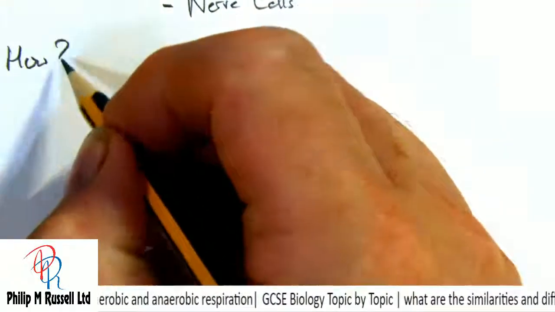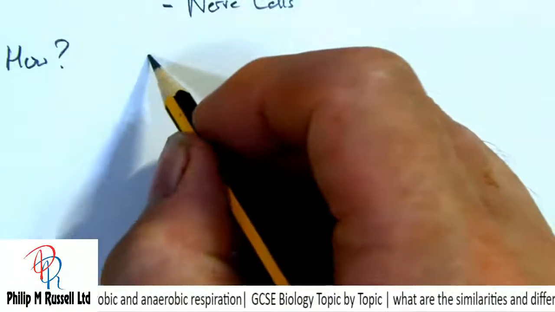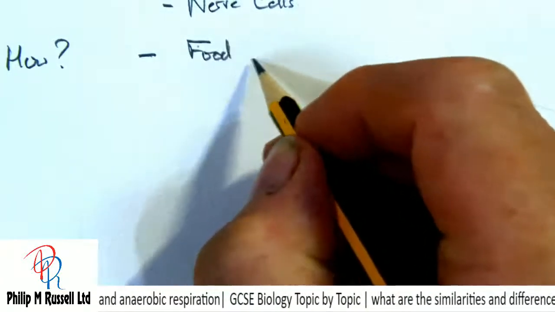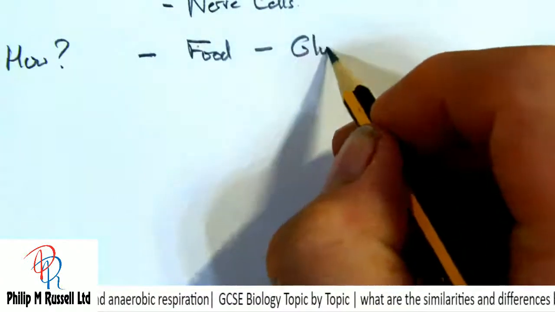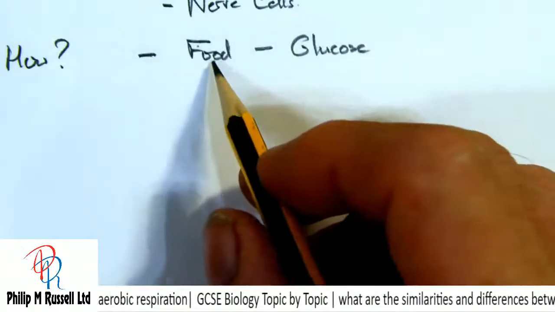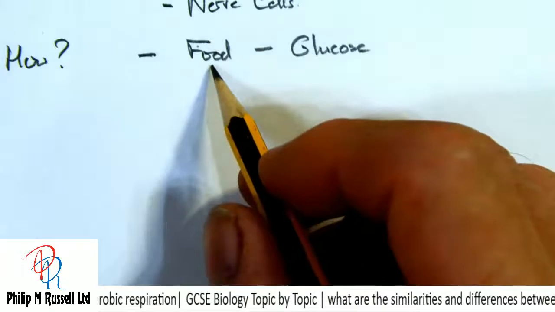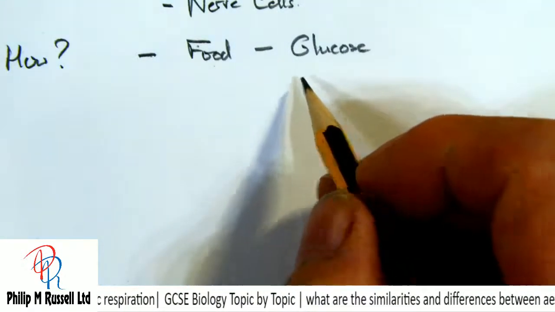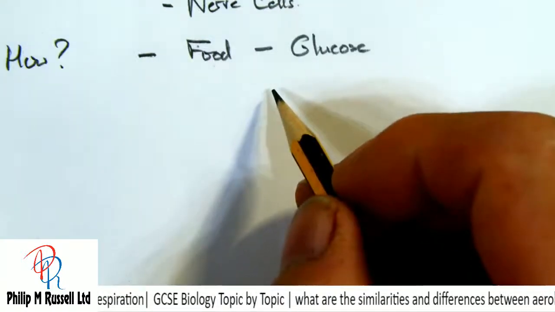How? Well, it gets its energy generally from food, and in particular glucose. Now, not all food's going to be glucose, so we may need to convert that food into glucose or something similar.